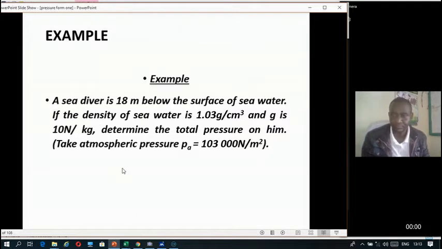Example: a sea diver is 18 meters below the surface of water. If the density of seawater is 1.03 and the gravitational field strength is 10 Newton per kilogram, determine the pressure on him, and take the atmospheric pressure to be 103,000 Newton per square meter.